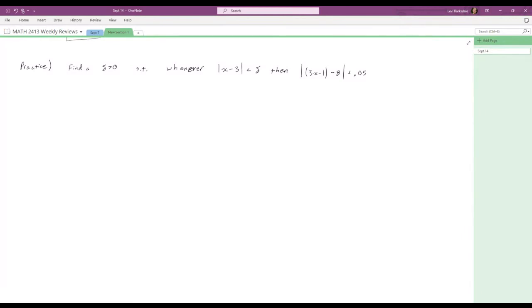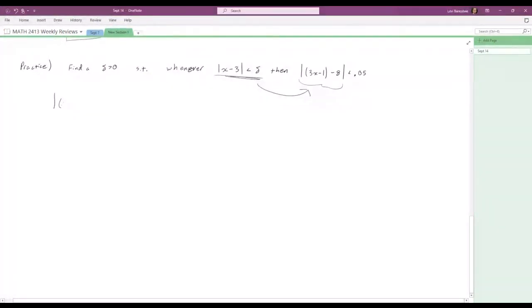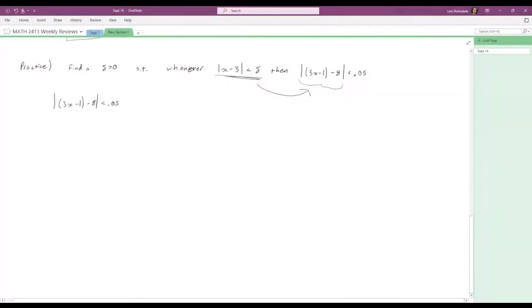So again, we need to start by substituting |x minus 3| less than delta into here whenever we can. But I notice right off the bat that I can simplify |3x minus 1 minus 8| because I can always combine my minus 1 and minus 8. I get |3x minus 9| is smaller than 0.05.